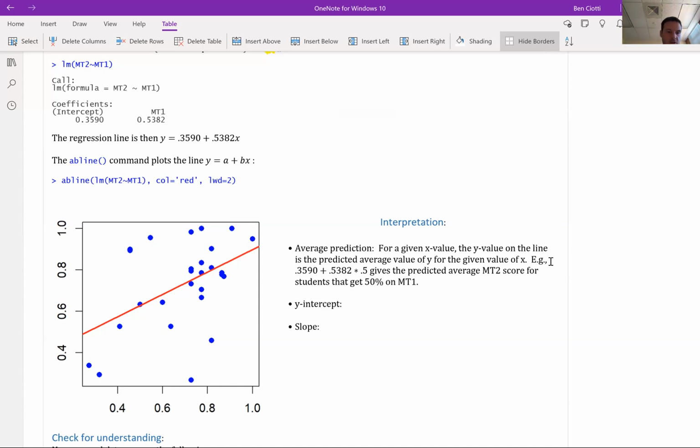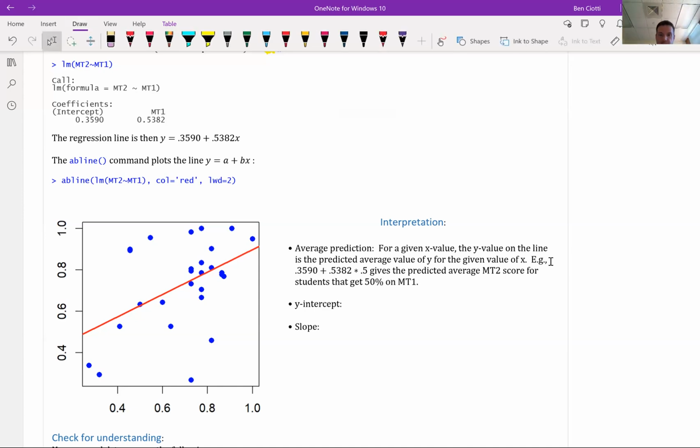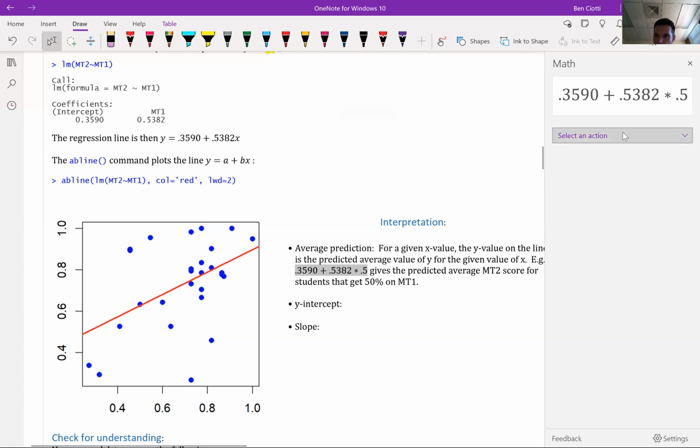Right. You can even see where it is. In fact, let's see what it is actually. This would be 0.6281.